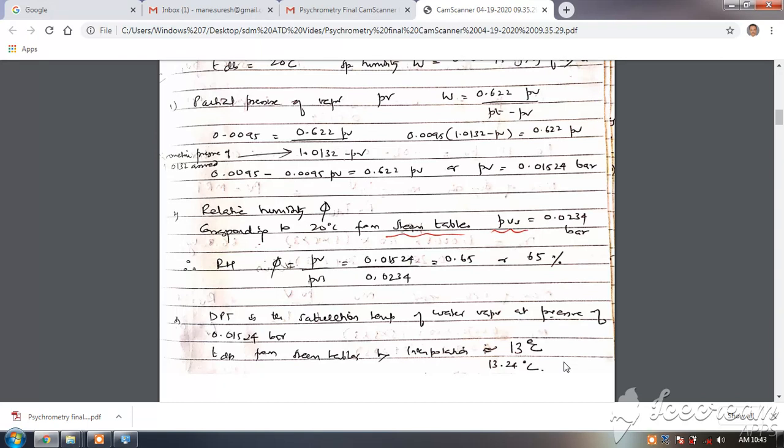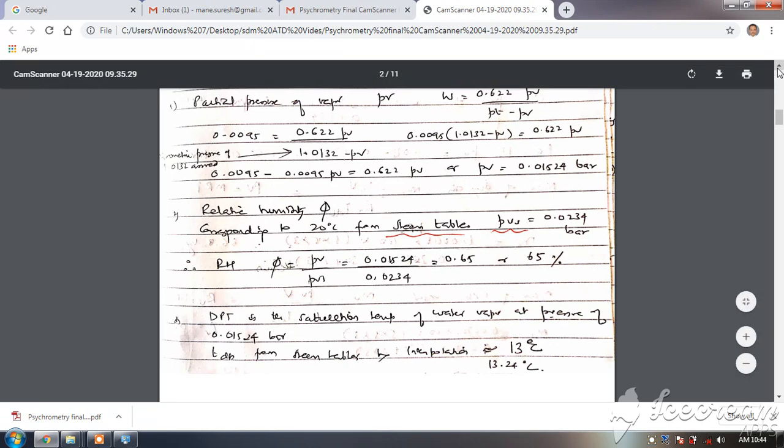I will discuss interpolation for finding the dew point temperature especially, because whenever you get this pressure, you need to find the dew point temperature, and you will not get 0.015 bar straight away in the steam table. Either you will get 0.01 and 0.02. So for this you definitely need interpolation, and we will discuss it in our next talk.